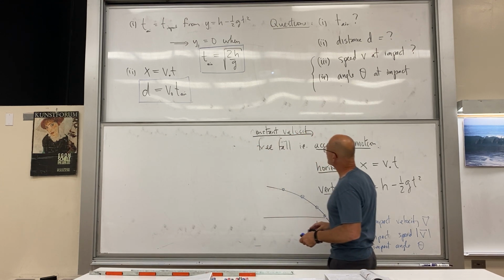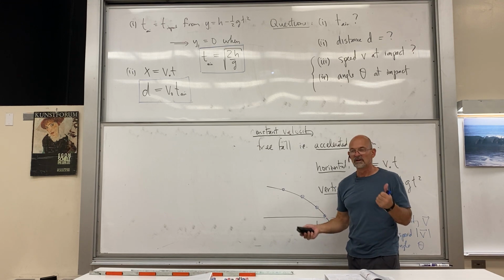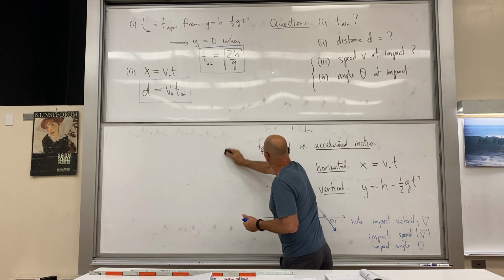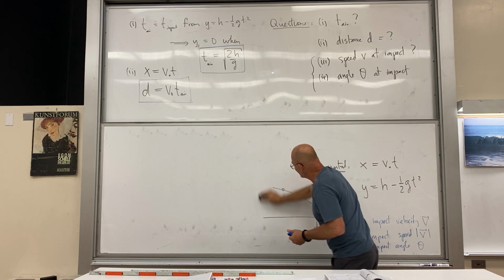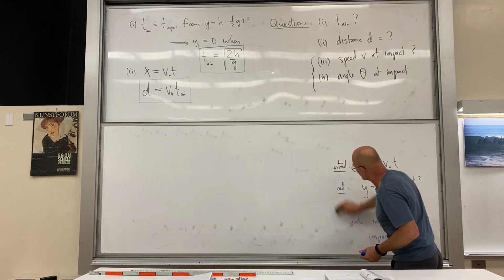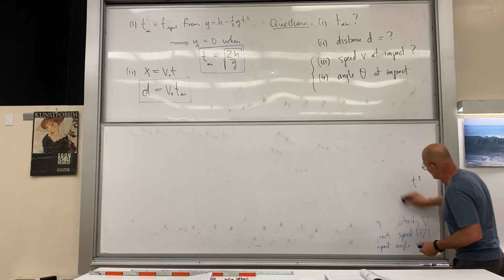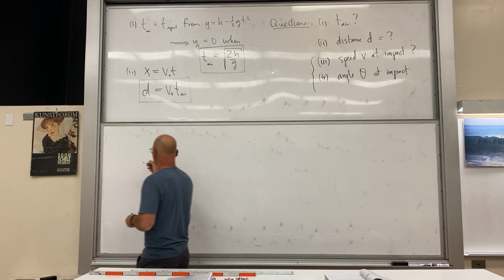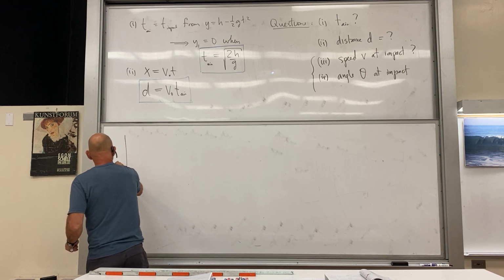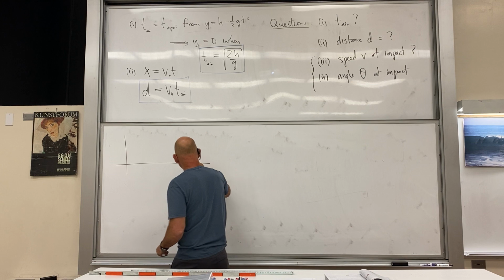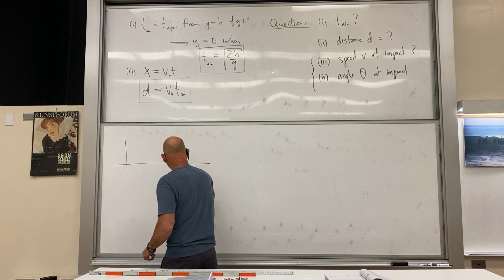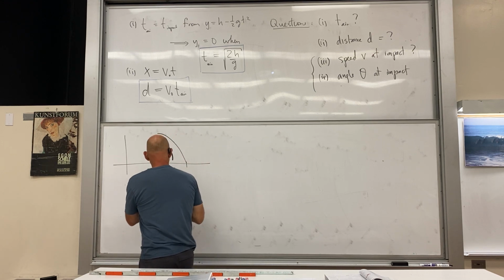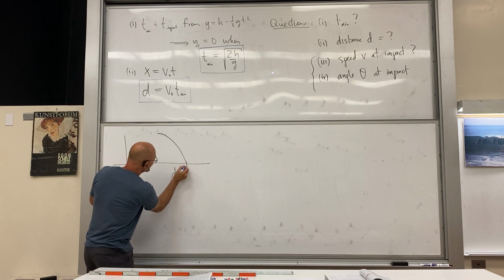Remember, everything here is from the kinematics of free fall and the basic kinematics of constant acceleration, so we should be able to get everything out of those formulas. In particular, this is that distance d, and we came in this arc, and we have this vector here.